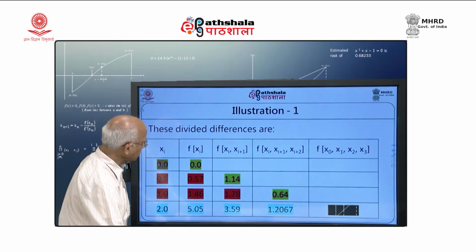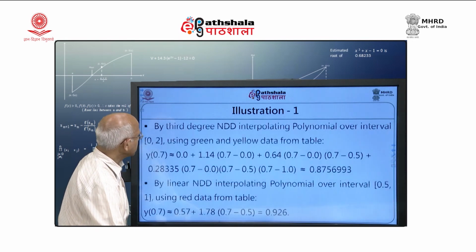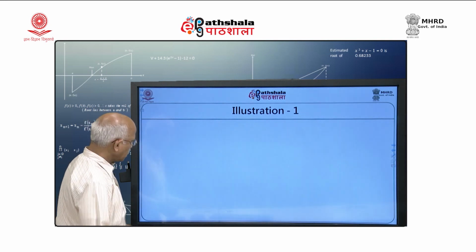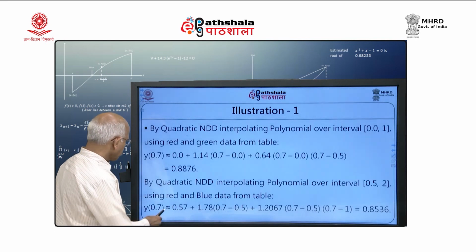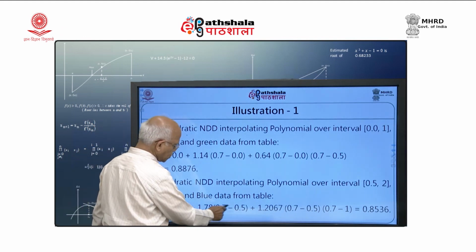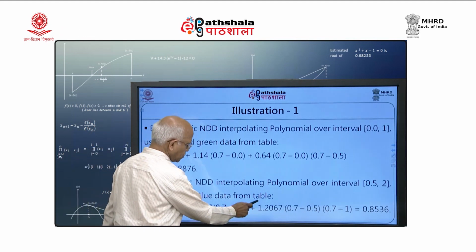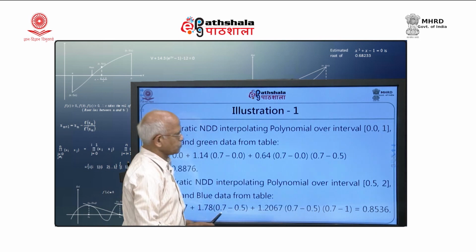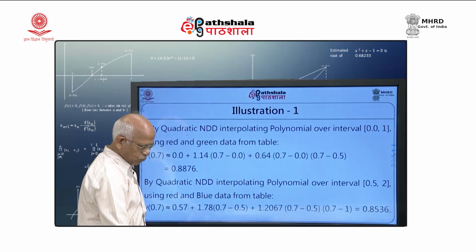That is how we will be getting the last computation here, like this: 0.57 plus 1.78 into 0.7 minus 0.5, 1.2067 into 0.7 minus 0.5 into this, and I will get that value as my estimate of y.